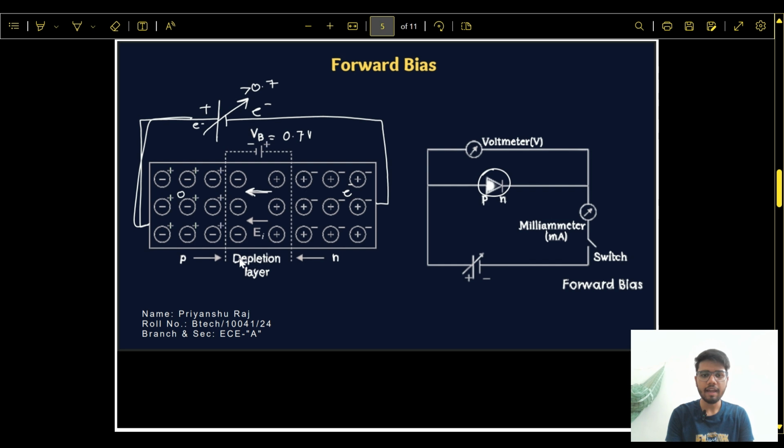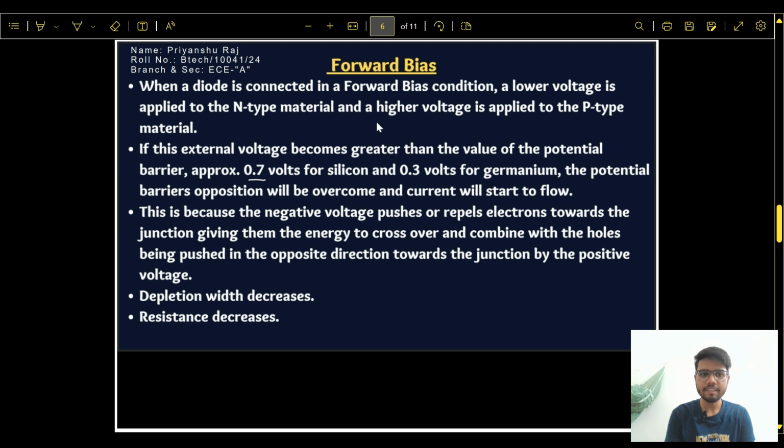In forward bias, the depletion region decreases, current increases. So this is the diagram. Let's move to the next slide. So forward bias. When a diode is connected in forward bias condition, a lower voltage is applied to the N-type material and a higher voltage is applied to the P-type material.